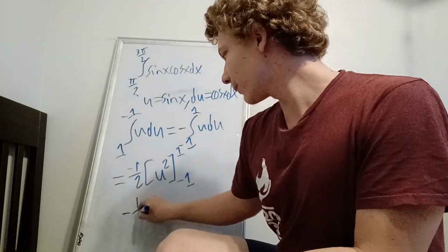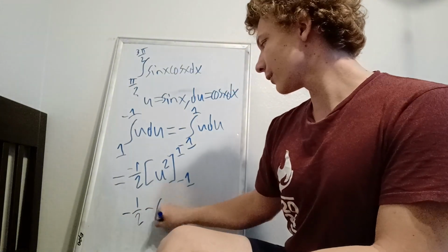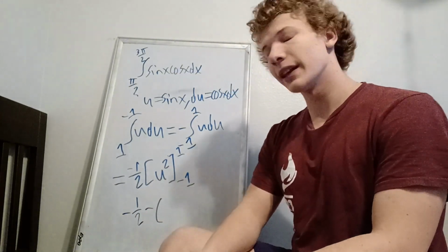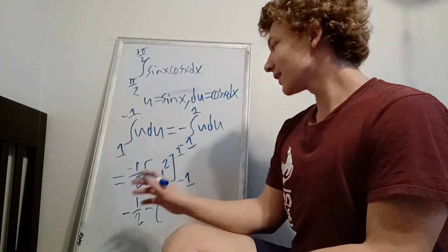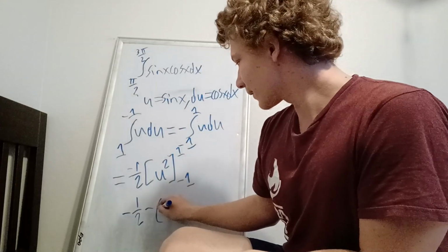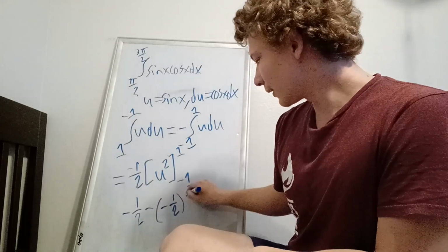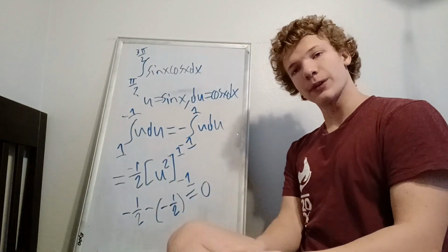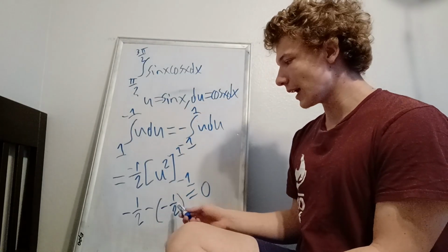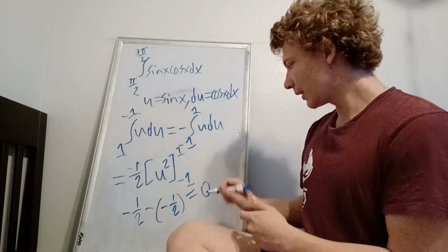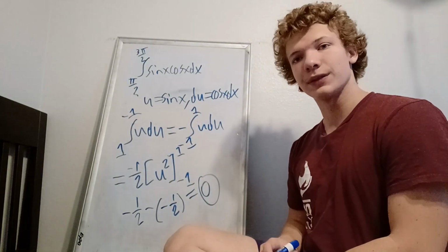So we're going to have negative 1/2 minus u squared evaluated at negative 1. That is, of course, going to be just positive 1 again, times negative 1/2. We're going to get negative 1/2. Now this actually evaluates to 0. We have negative 1/2 minus negative, basically plus 1/2, so 1/2 minus 1/2. And our final answer will be 0.